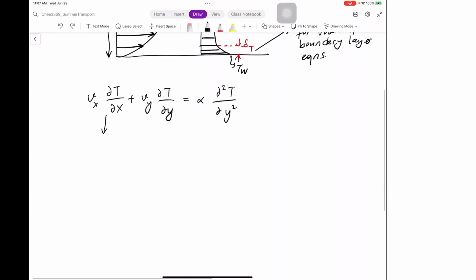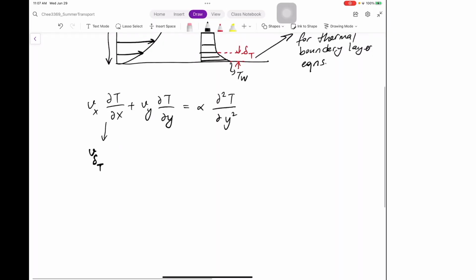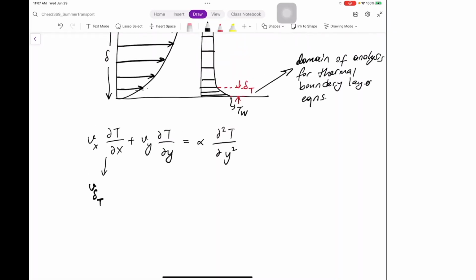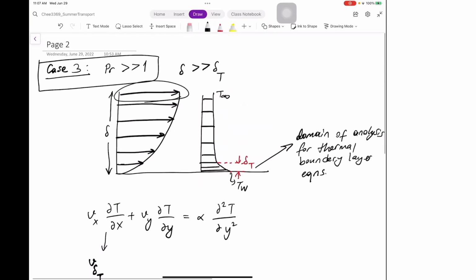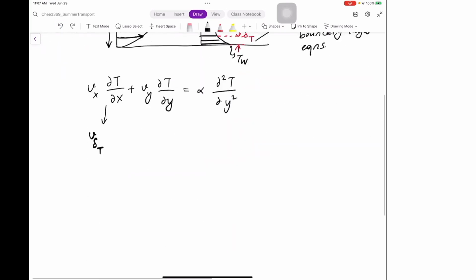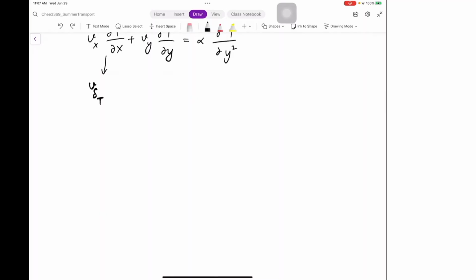So the Vx is going to scale with V delta T. I mean, whatever the velocity is at this point, the velocity is in the range of that one instead of this velocity. We should be particularly interested in this velocity. And that's the difference between the previous case and this case.